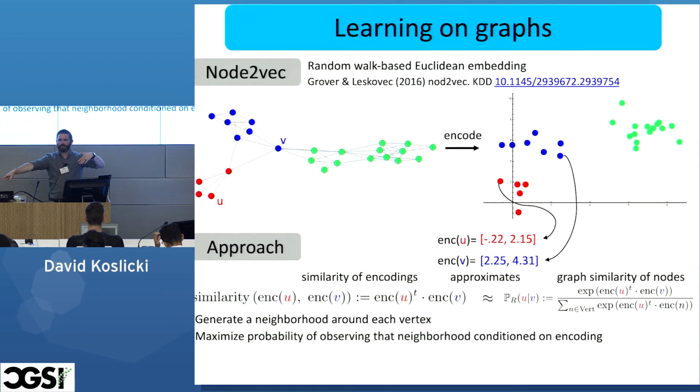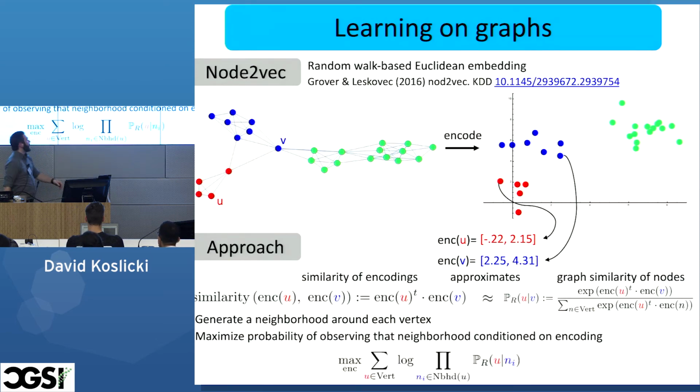If it's low, well, tweak your encoding, do it again, calculate the probability, et cetera. You'll end up with something that looks like this: maximize over all of your different encodings the log probability of observing that neighborhood.